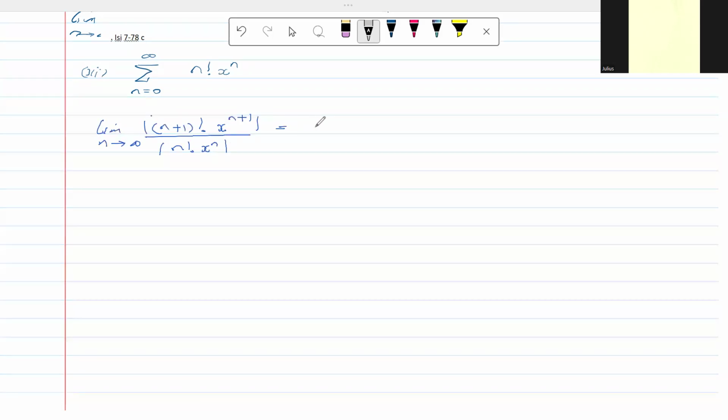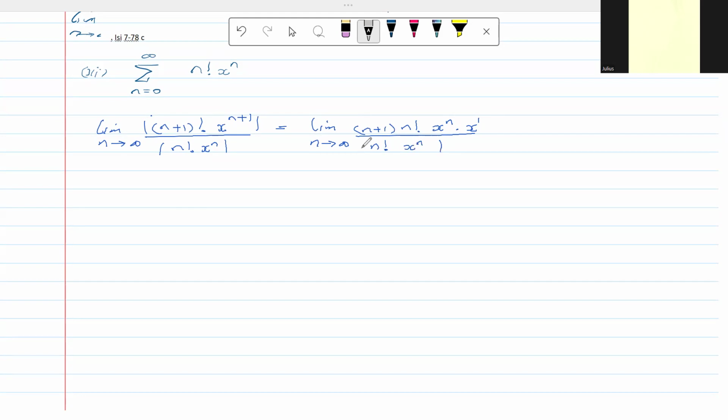This is the same as we reduce the factorial so that it can cancel with n factorial in the denominator. We have n plus 1 multiplied by n factorial, then x to the power n multiplied by x to the power 1, divided by n factorial x to the power of n.